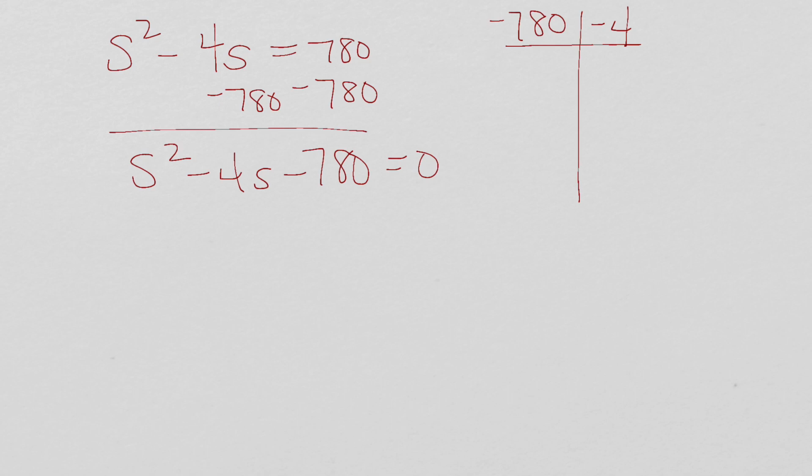And you can play around with this and just try to find the perfect set of numbers, or you can start at the bottom. Since my sum is negative, I know that one of my factors, the bigger factor, is going to be negative. So this is a big number, but you could do negative 780 times 1, which doesn't look very good, sorry.